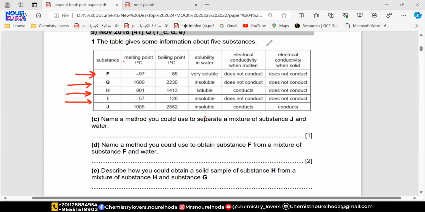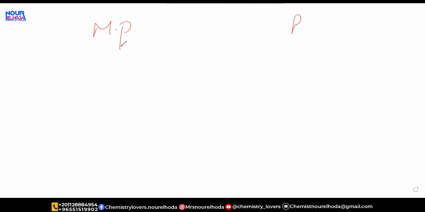Okay, you're most welcome. Here, how do I know if this substance is solid or liquid or gas? I told you about this trick before. This is very important. If the melting point and the boiling point are more than 25 degrees Celsius, it's going to be a solid automatically. Why? Because in general solids have high melting and boiling points.